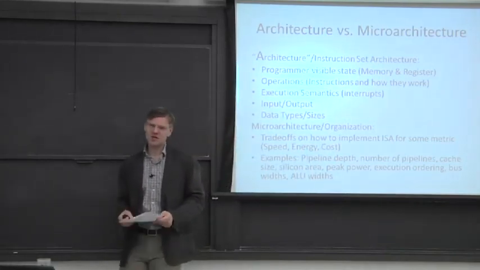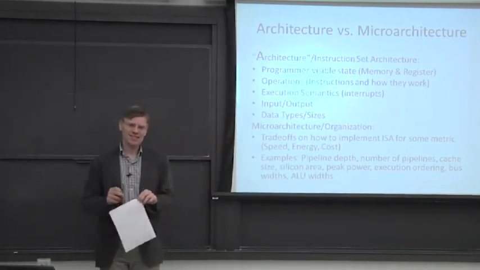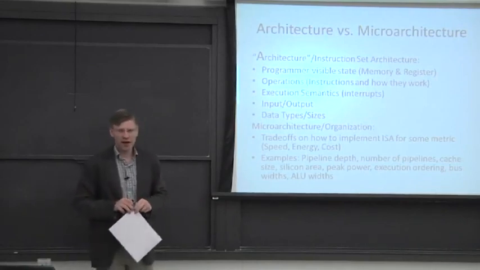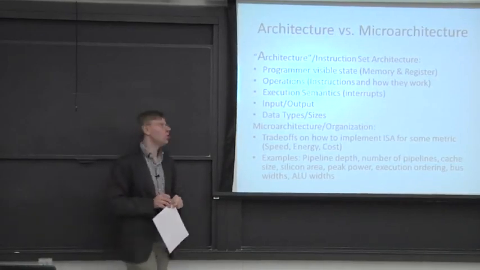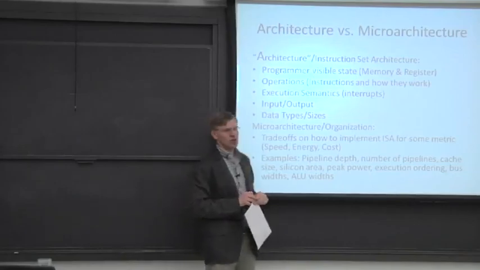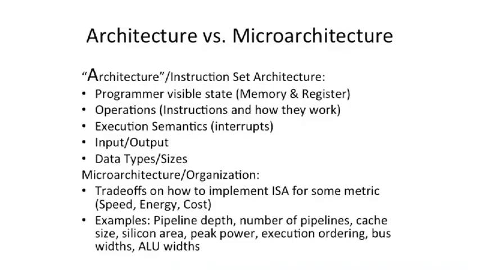OK, so let's talk about what is an instruction set architecture and what is a microarchitecture. So an instruction set architecture, or big A architecture, is trying to provide the programmer some abstract machine model. And many times, what it really boils down to is it's all the programmer visible state.